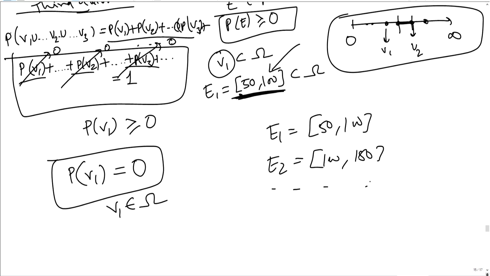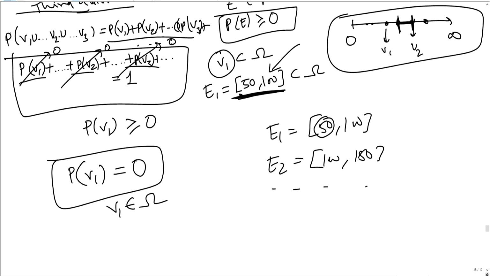So, it can still assign probabilities to events E1, E2, E3, which are basically intervals containing an infinite number of values between certain bounds, let us say between 50 and 100. So, although the probability of 50 will be 0, and the probability of 100 will be 0, the probability of obtaining a recognition time between 50 and 100 would be non-zero. So, this can be assigned by a probability assigner function.